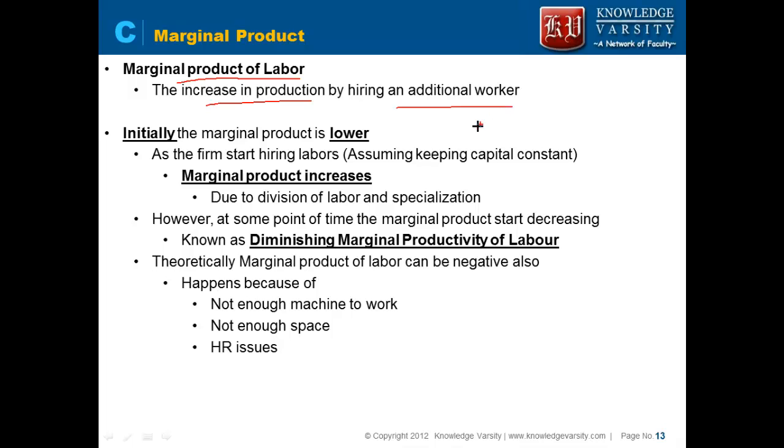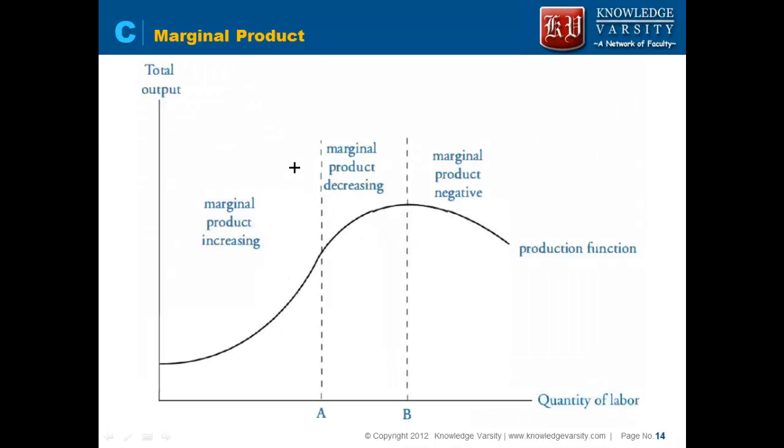We have said that initially your marginal product will increase because of division of labor, but after some time you will find that your marginal product of labor starts reducing. Initially it is increasing, then it starts decreasing, then it becomes negative. Note that this is a function of total output and the quantity. Initially your total output is increasing.